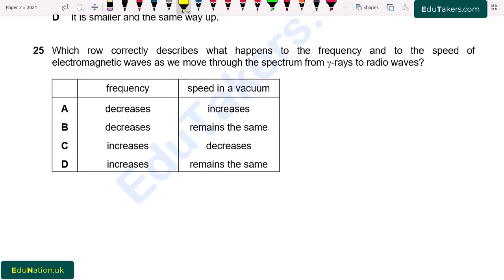Question number 25. Which row correctly shows what happens to the frequency and to the speed of the electromagnetic waves as we move through the spectrum from gamma rays to radio waves? So first of all, here we have to describe what happens to the frequency and to the speed of electromagnetic waves. Here are given gamma rays and radio waves.